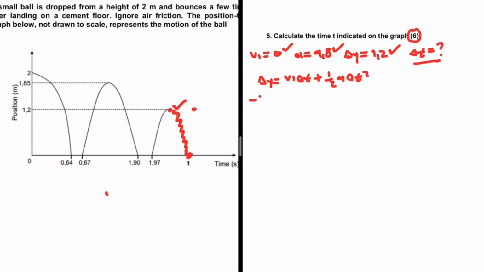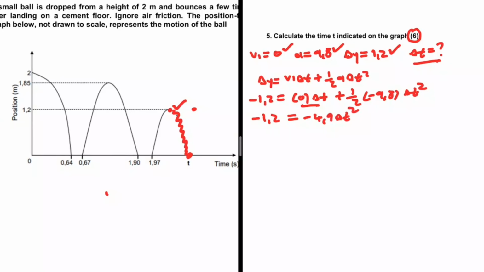So we're going to have minus 1.2. vi is 0, maximum height. Delta t is what we're interested in, plus acceleration is minus 9.8, delta t squared. So minus 1.2 is equals to 0 multiplied by delta t, that is 0, so that falls away. I have multiplied by minus 9.8, that is minus 4.9 delta t squared.